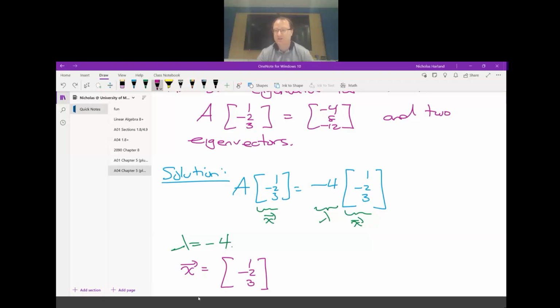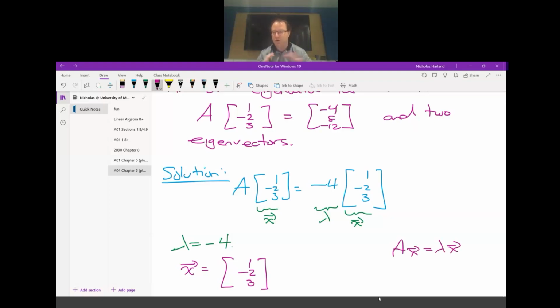All right, so the real key here is what would a second one be? And we'll get to that. But any questions about how we got the eigenvalue and how we got one of the eigenvectors? So it's all about having non-zero solutions to Ax equals lambda x.